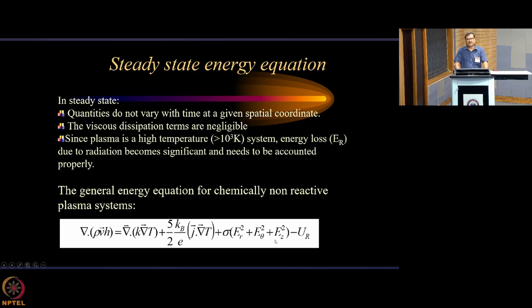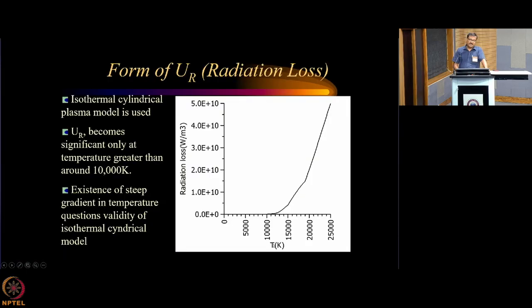So this radiation loss becomes important when a system is really at high temperature, say above 10,000 degree Kelvin, then that plasma radiates significantly, so you must include this radiation energy loss term. And I already described in the last slide that for argon plasma, below 10,000 it is almost negligible, you can neglect it.